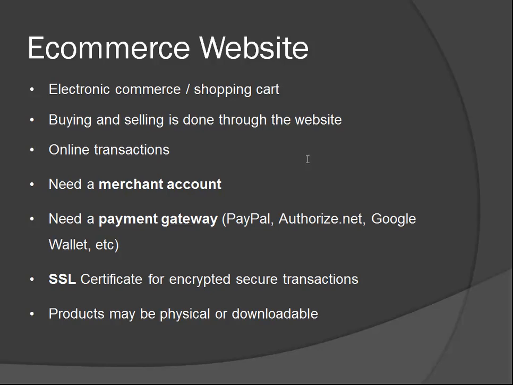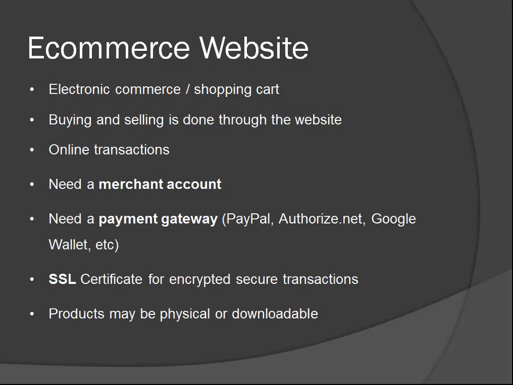And there's usually online transactions, whether it's through PayPal or something else, and a merchant account is needed to be able to take credit cards, and also a payment gateway. Some of the common payment gateways are PayPal, Authorize.net, Google Wallet, and there's a whole bunch of them.